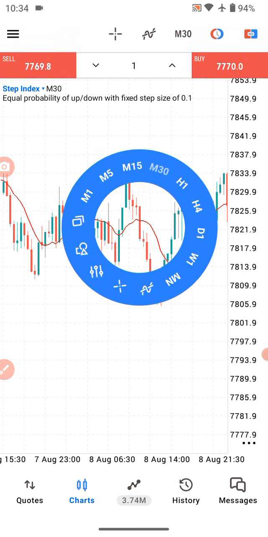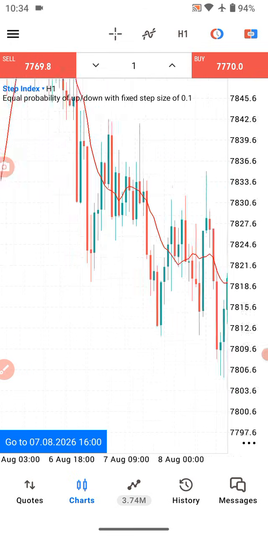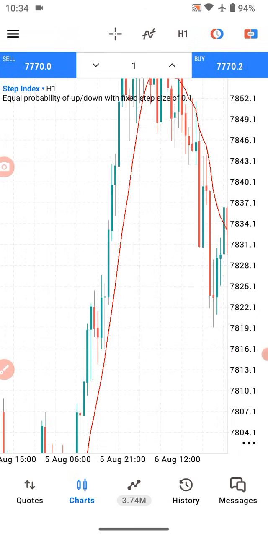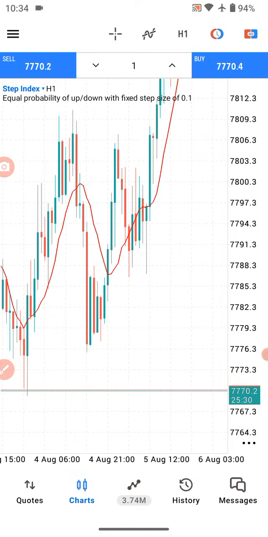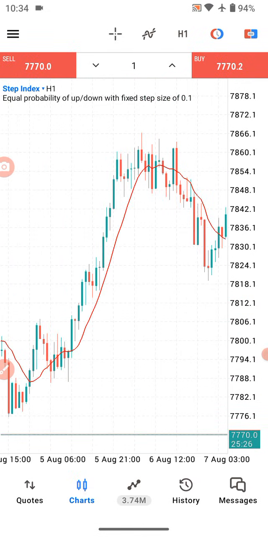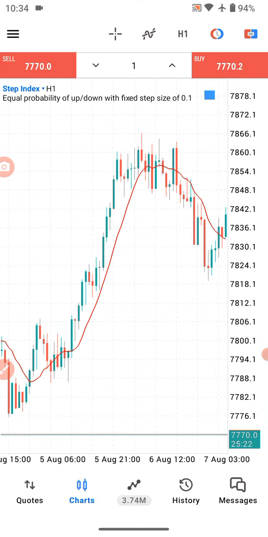You can see Step Index is doing all these things since the very beginning, and in the past it has been working so hard to being the pair it is today. This is the MetaTrader 5, and a lot you're going to understand and learn in this trading industry with my signaling strategy.